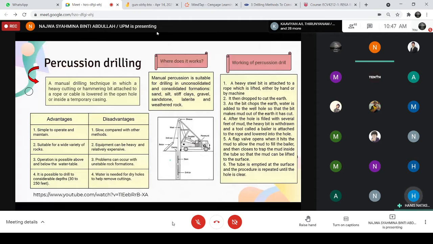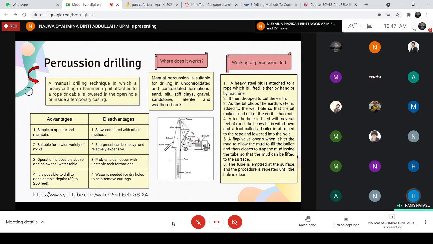For the advantages of percussion drilling: it is simple to operate and maintain, as it requires simple apparatus and tools. Second, it is suitable for a wide variety of rocks, as it can chop through the rock. Third, operation is possible above and below the water table, and it is possible to drill to considerable depth, which is 30 to 250 feet.